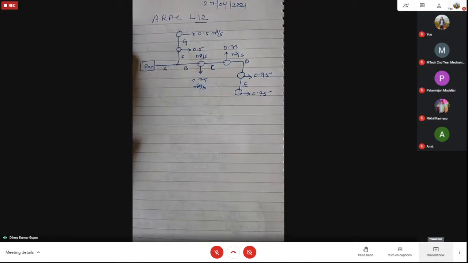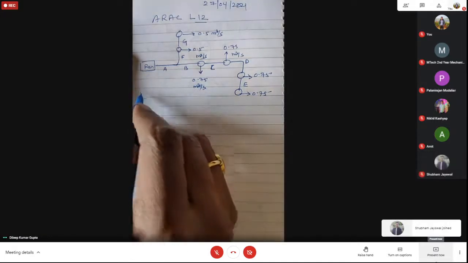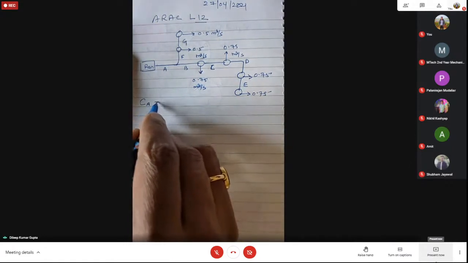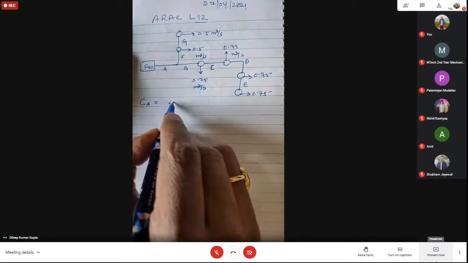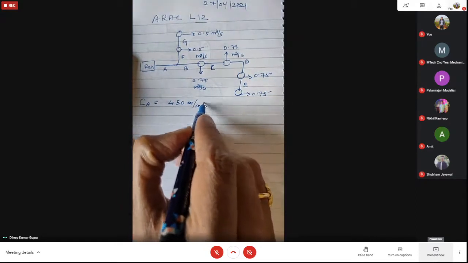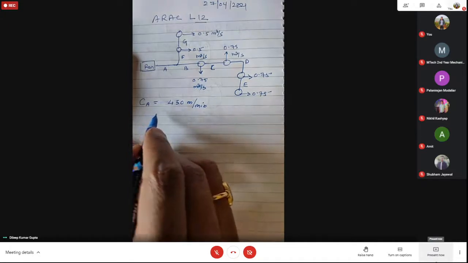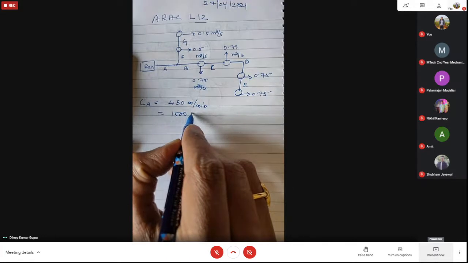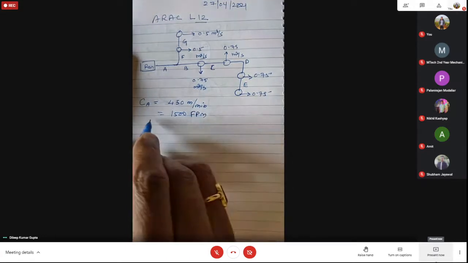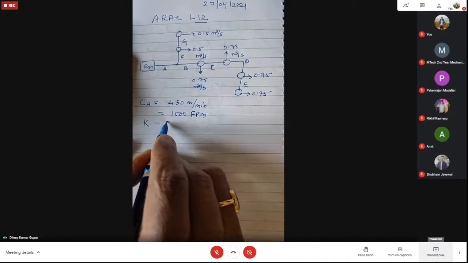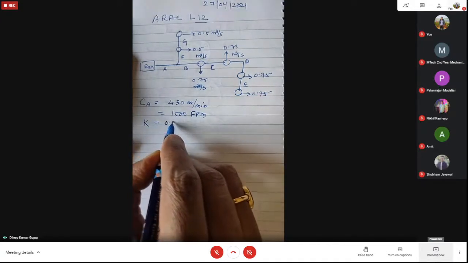You can assume the main duct velocity, the velocity of A, let us say CA, is given as 450 meter per minute, which is the velocity of duct A. That will be equivalent to 1500 feet per minute, and the dynamic loss coefficient K is 0.22.